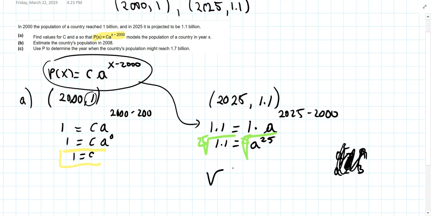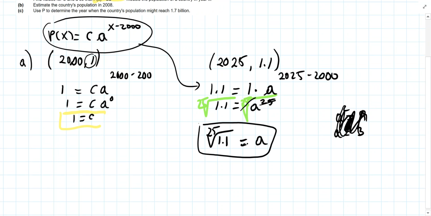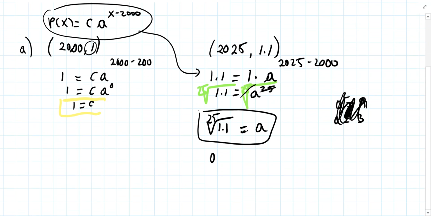So I'll get the 25th root of 1.1 equals the 25th root of A to the 25th. The 25th root and the power 25 cancel, so I just get A on this side. So A is the 25th root of 1.1. Another way to write this is 1.1 to the power 1 over 25. So the 25th root means power 1 over 25.